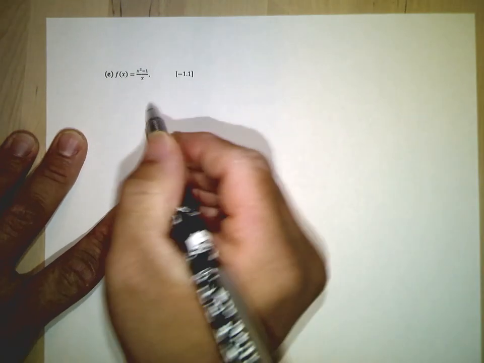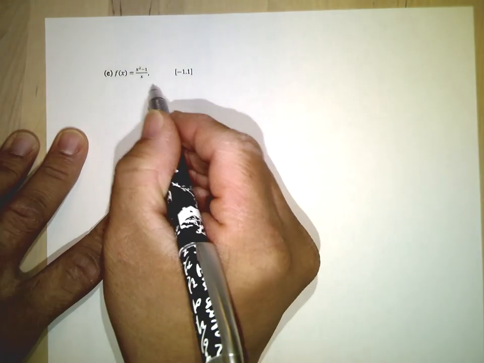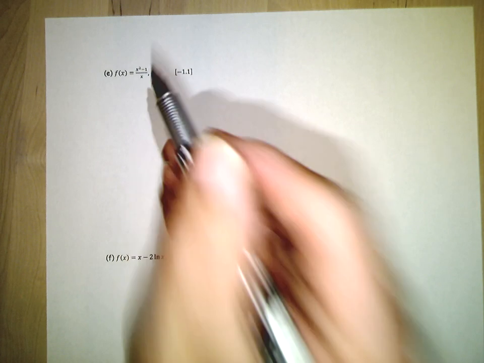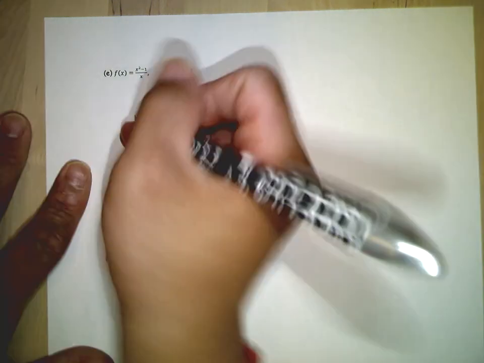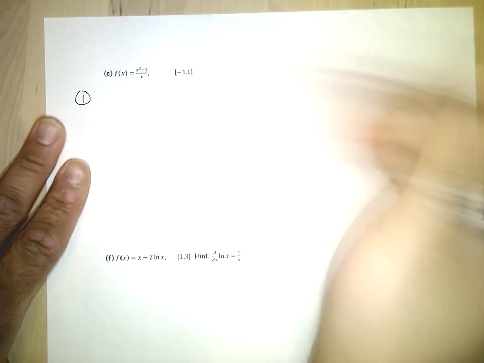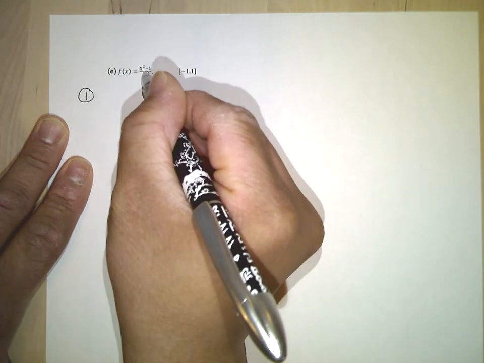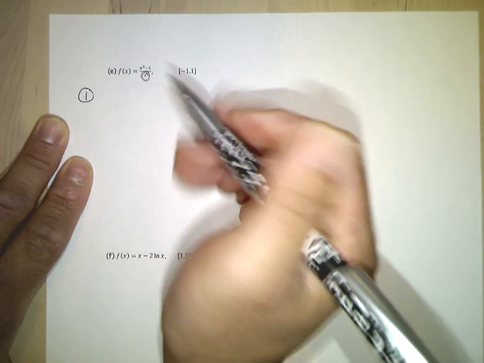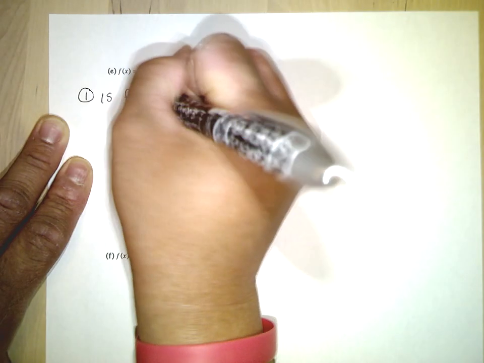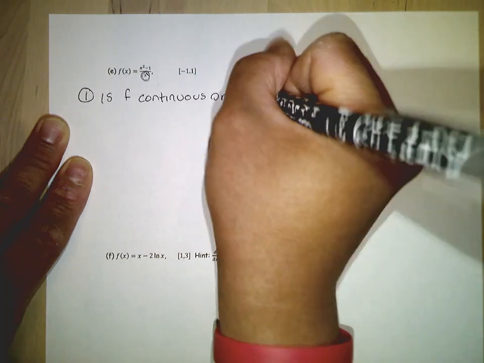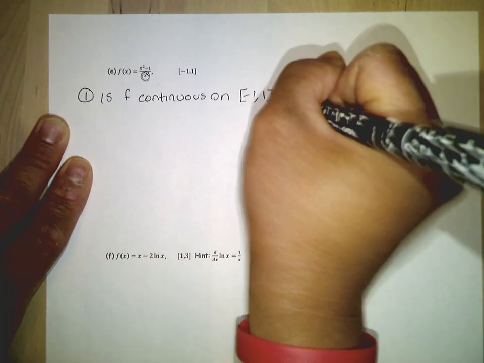E. All right, f of x is equal to x squared minus 1 over x. And I think you can see here that on the interval from -1 to 1, f is undefined at x equals 0. So is f continuous on the closed interval of -1 to 1?